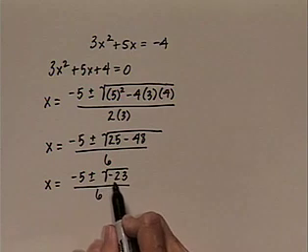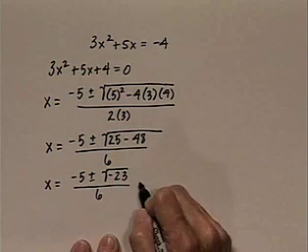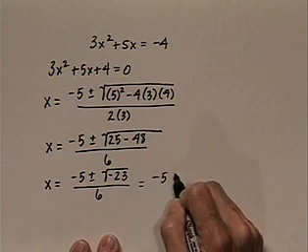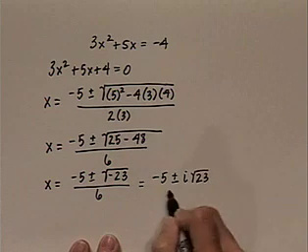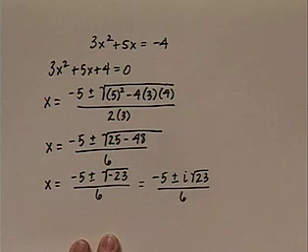And again, we have a negative number in the radical, so we write our result as negative 5 plus or minus i square root of 23, divided by 6. And those are the two solutions to the quadratic equation.